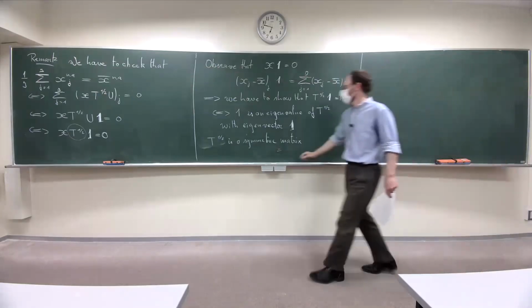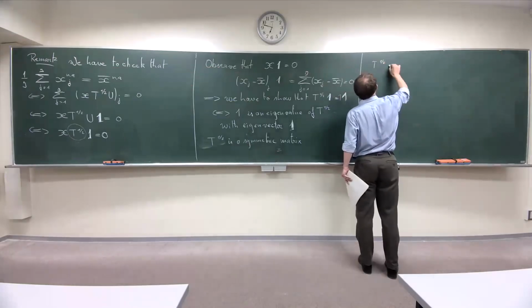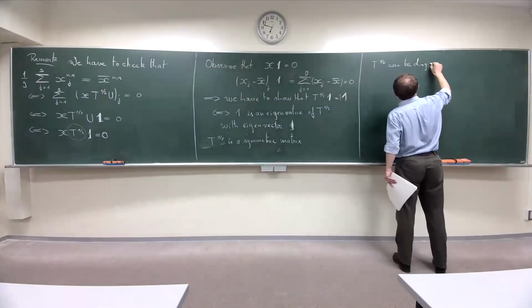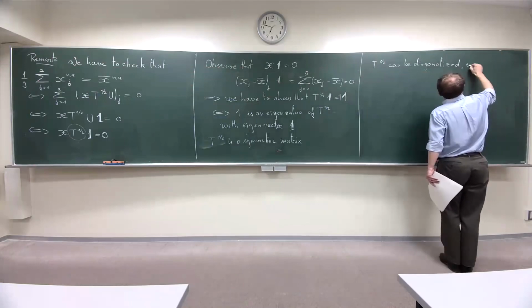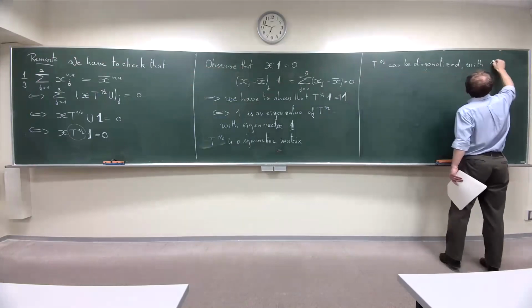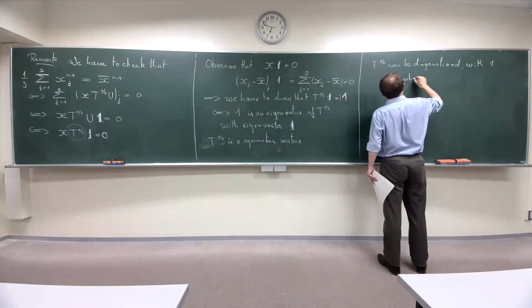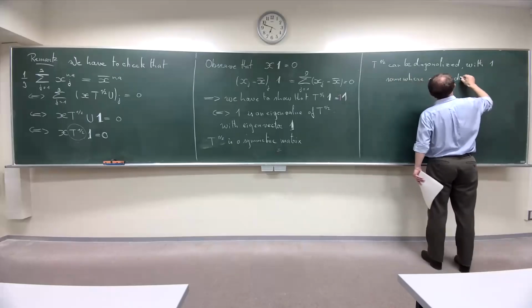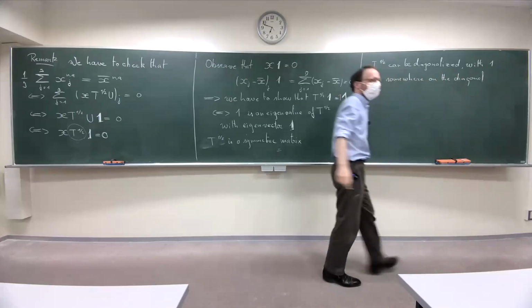So it means T^{1/2} can be diagonalized with 1 somewhere on the diagonal. Because on the diagonal, you have all the eigenvalues, and you know that 1 is at least one of them, right?